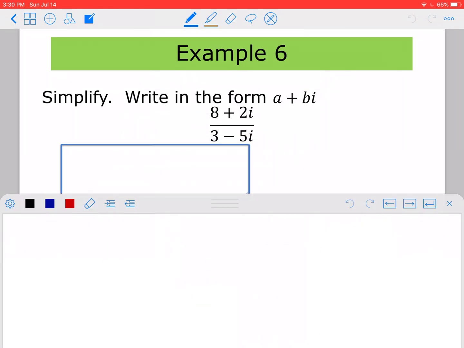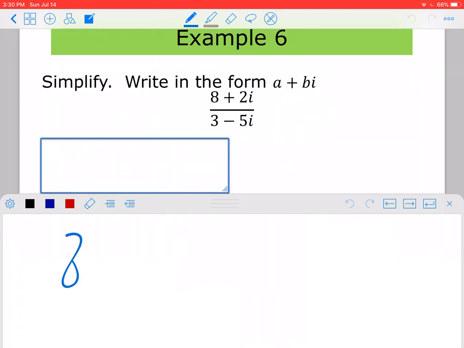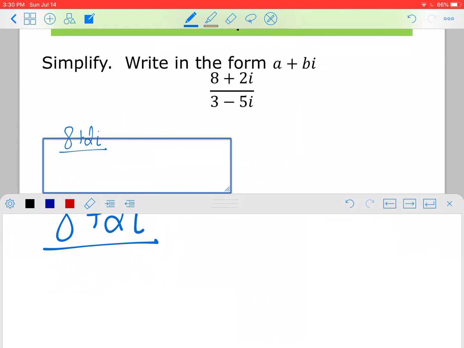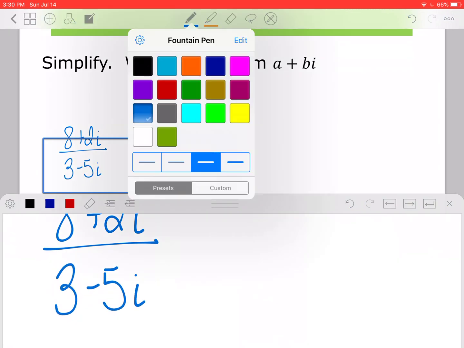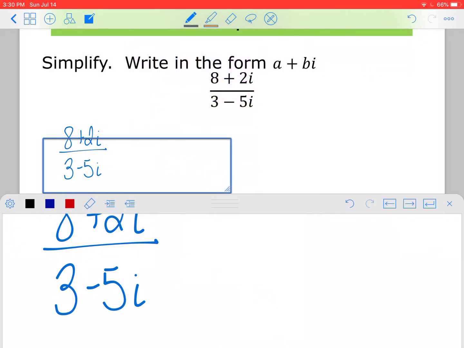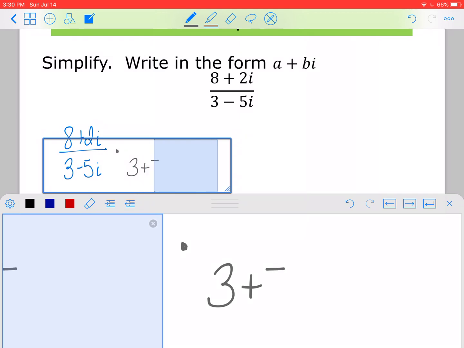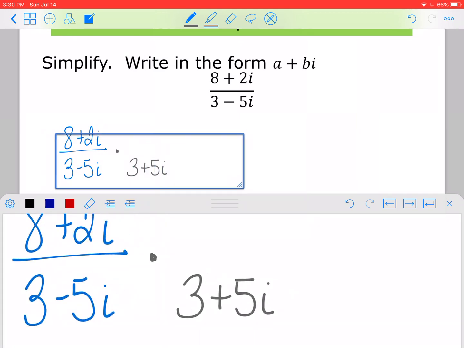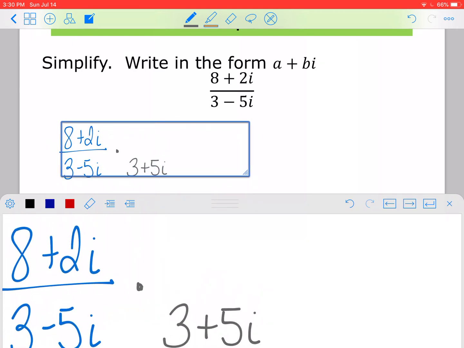And we can't just multiply the bottom by 3 plus 5i. We have to make sure we're multiplying by 1. So we have to multiply by 3 plus 5i over 3 plus 5i. And that way we're multiplying by 1. So if we do that, we're foiling on the top. So 8 times 3 is 24.